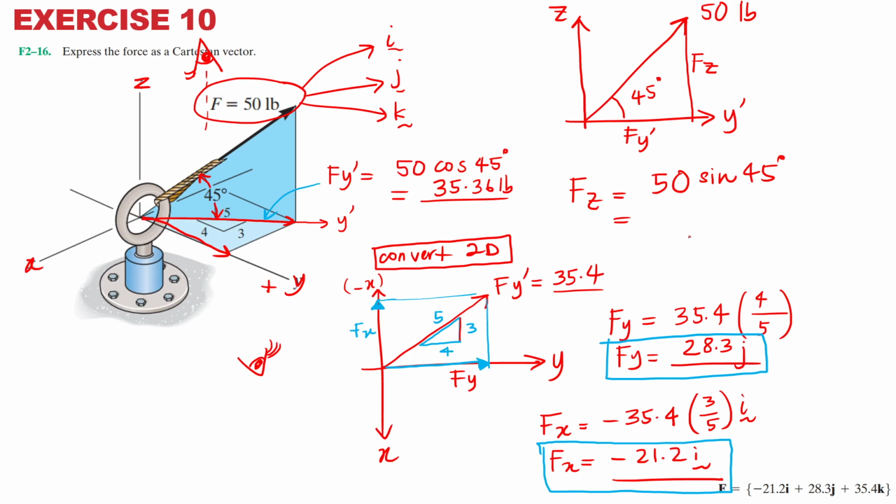Sine 45 degrees. So what is the value? 35.36. 35.36 or 35.4. It's a positive z. So 35.4 K. So these are important. This is fz.